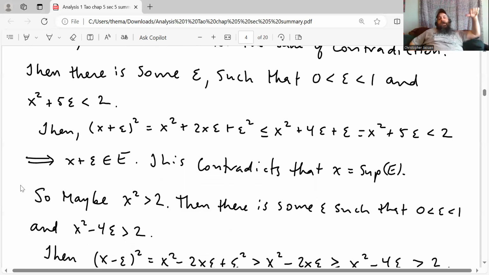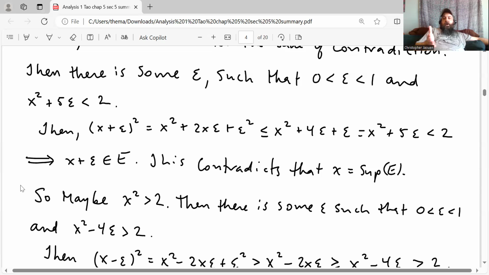Then (x plus epsilon) squared is equal to x squared plus 2x epsilon plus epsilon squared, which is less than x squared plus 4 epsilon plus epsilon, because 2x epsilon is less than 4 epsilon. x is less than 2, so 2 times x is less than 2 times 2, which is 4, and epsilon squared is less than epsilon because epsilon is a number between 0 and 1.